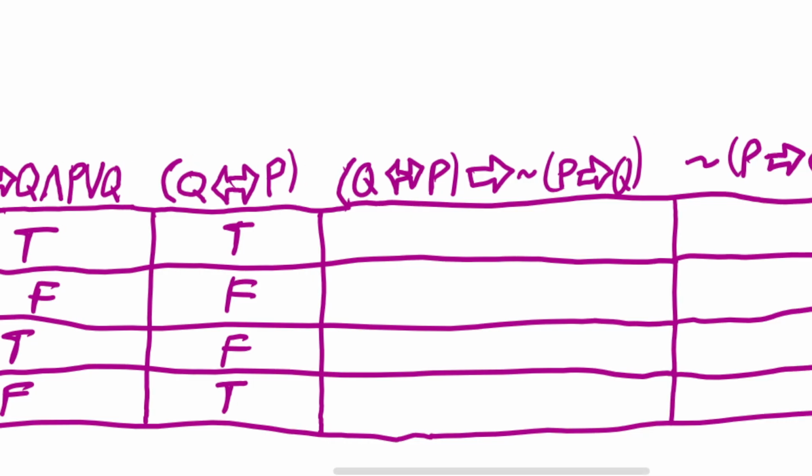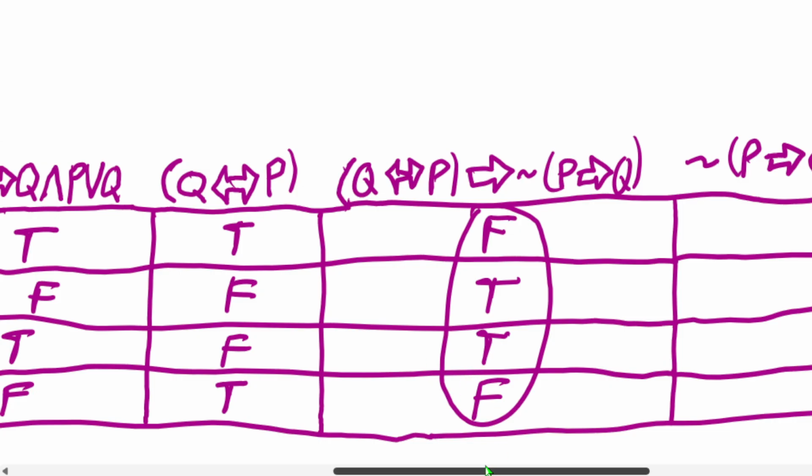Well, let's take a look here. For the first one, that is false, but it is not false all the time, so therefore it is not a contradiction. And we'll write that down here in a minute.